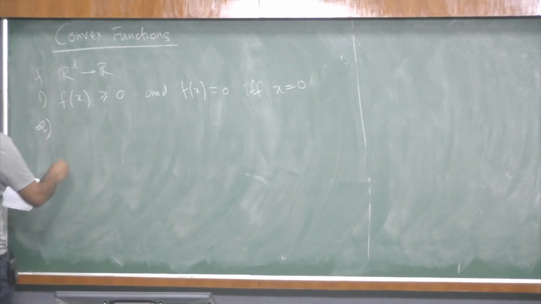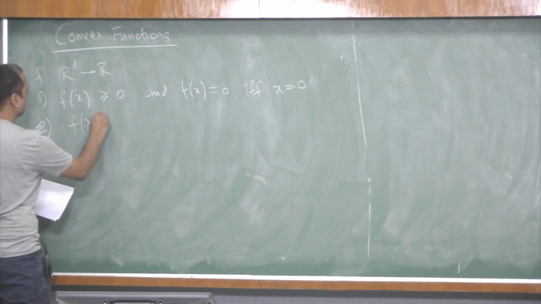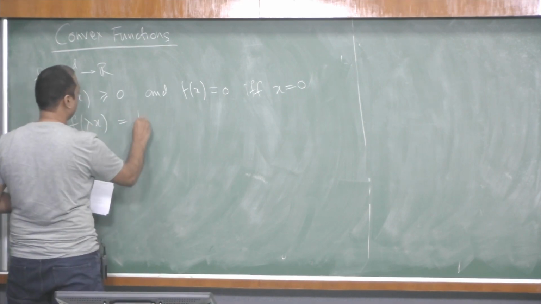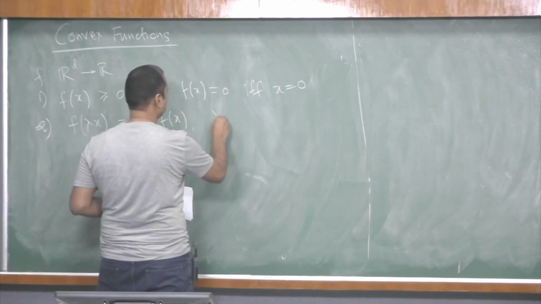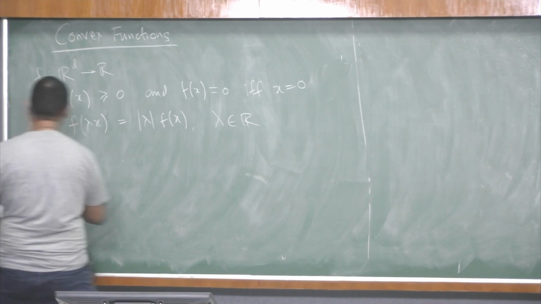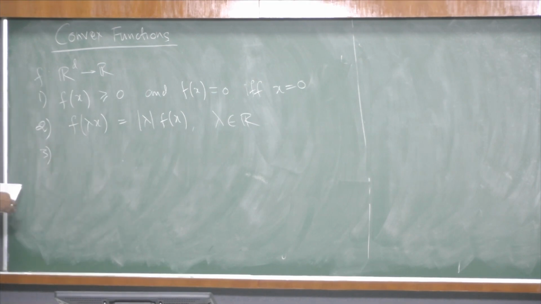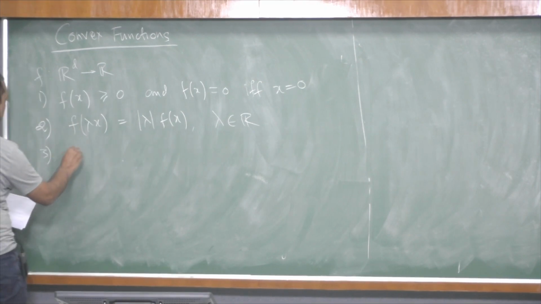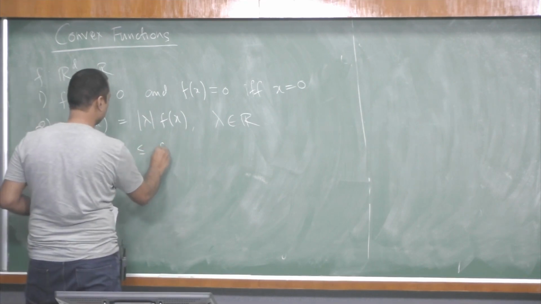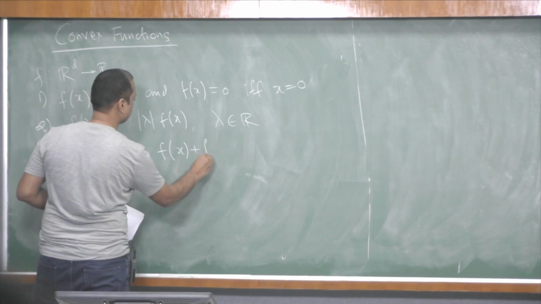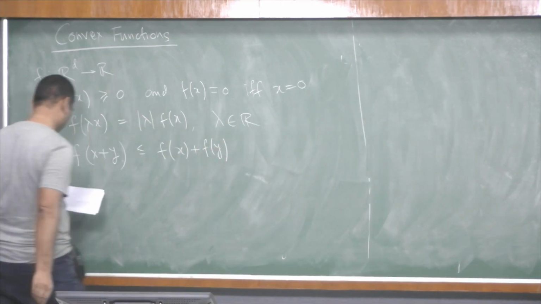Second property is f(lambda x) equals mod lambda times f(x), where lambda is a scalar. And then the third property is the triangle inequality: f(x plus y) is less than or equal to f(x) plus f(y).